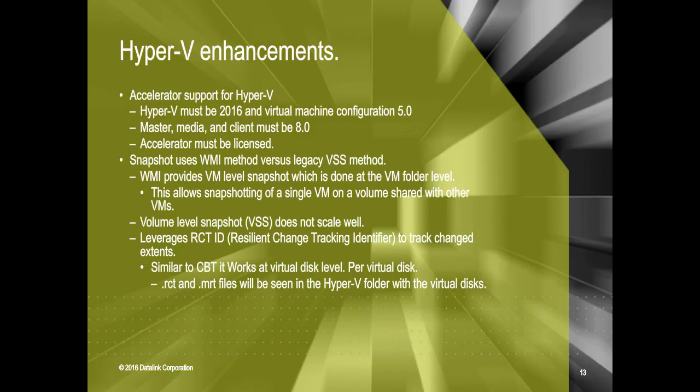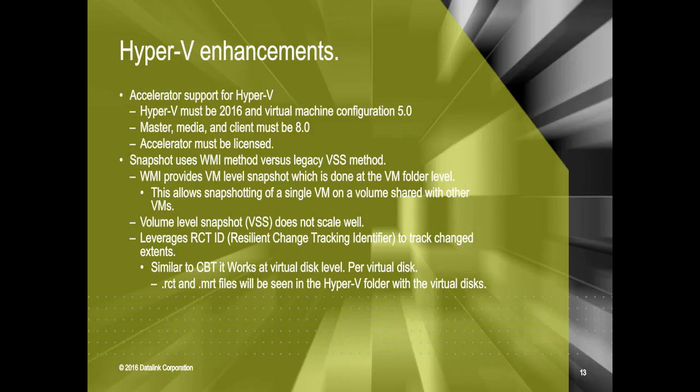And with that comes the ability to leverage RCT ID, Resilient Change Tracking Identifier, to allow you to perform block level backups of virtual machines. Now, this is something that has been done with VMware for a while, leveraging the changed block tracking in VMware. That same technology is now working for Hyper-V, so that's going to help with being able to do block level backups.